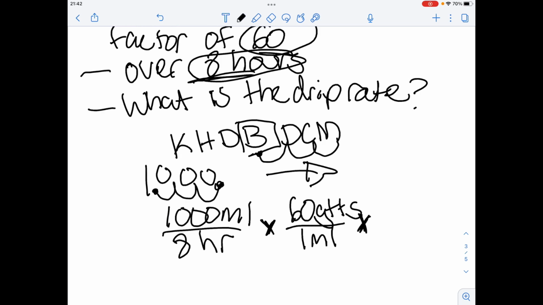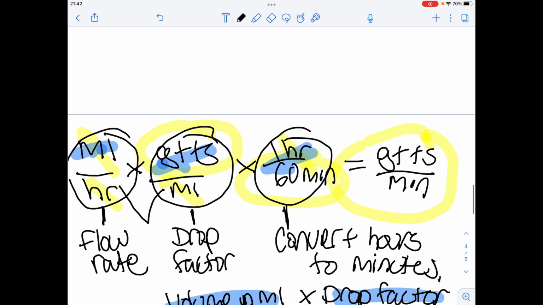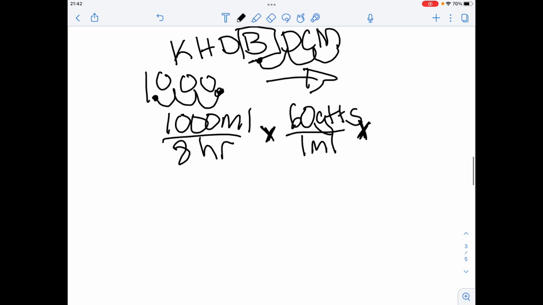Multiply that by the conversion to change hours to minutes, which is 1 hour over 60 minutes. And we're going to multiply across. This is dimensional analysis, so we multiply across, not cross multiply.